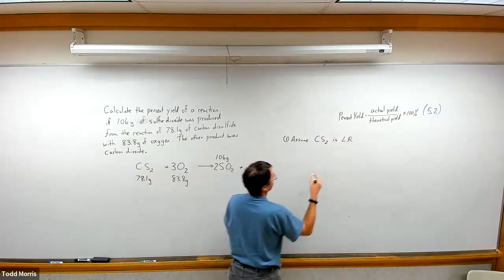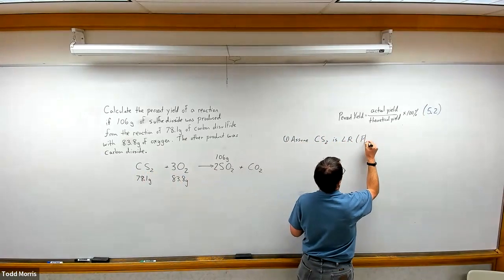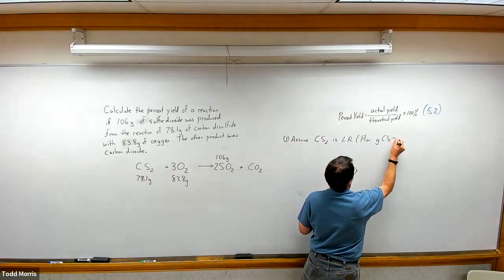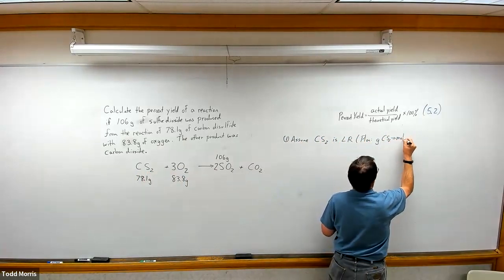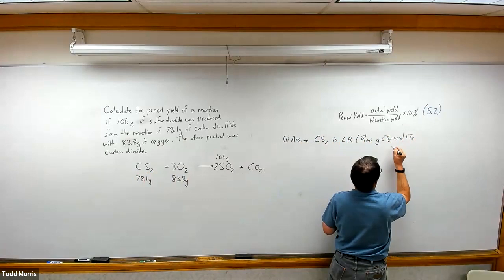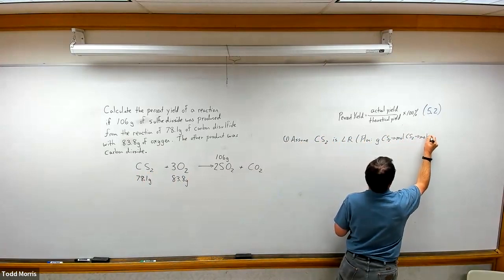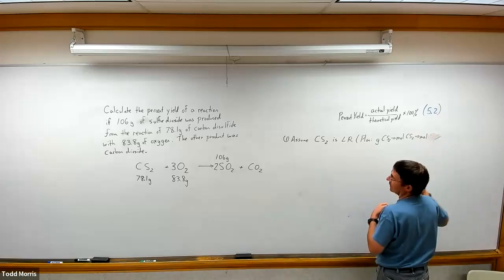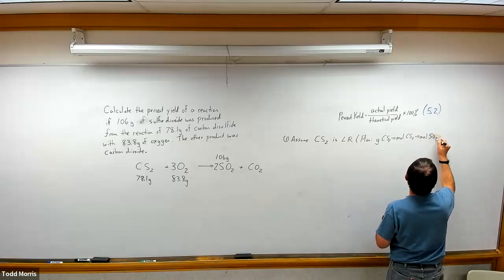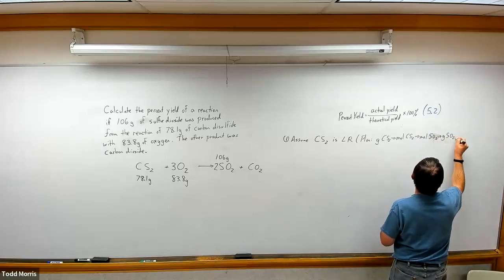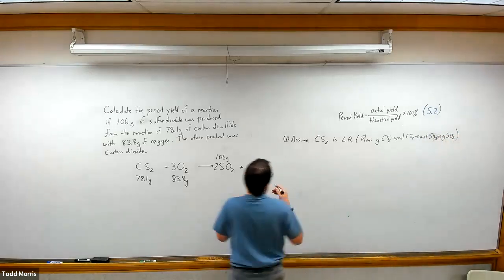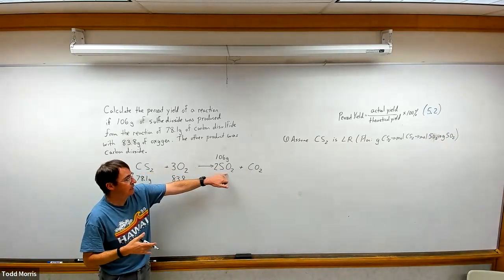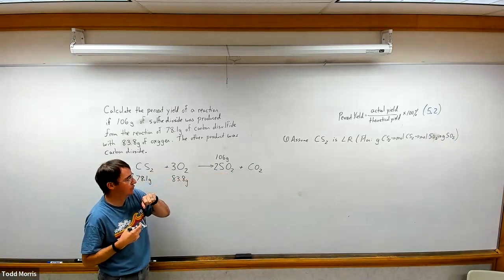And then our plan is to go from grams of carbon disulfide to moles of carbon disulfide to moles of sulfur dioxide to grams of sulfur dioxide. So we're going to first do that stoichiometric calculation, grams of one substance, this reactant, to grams of one of the products, SO2.